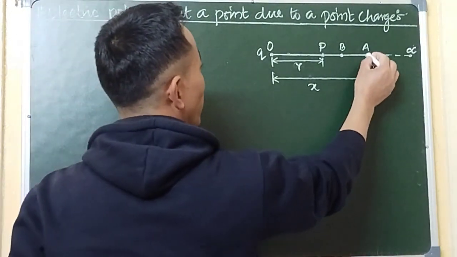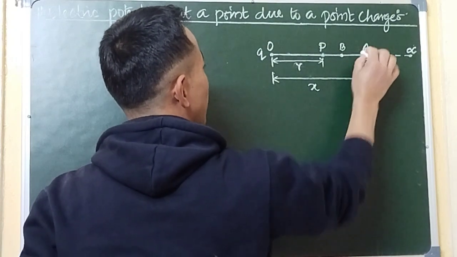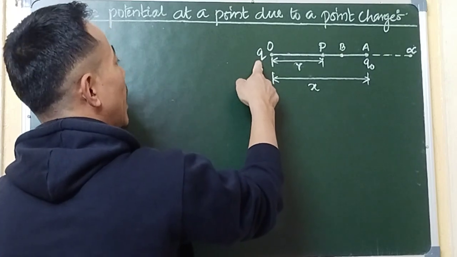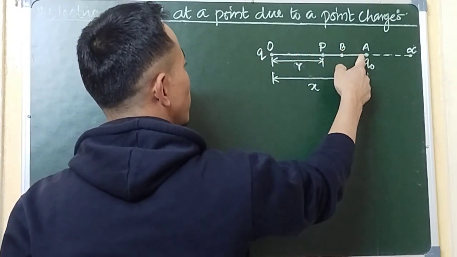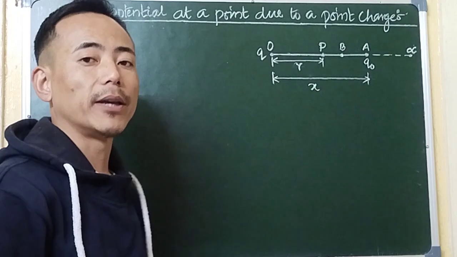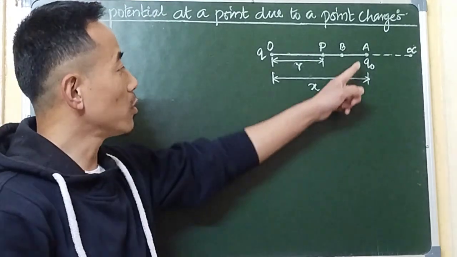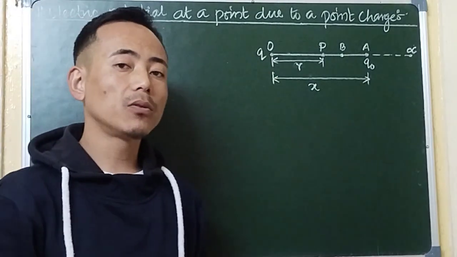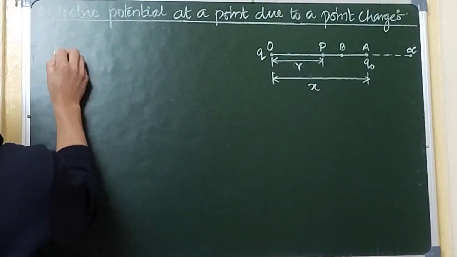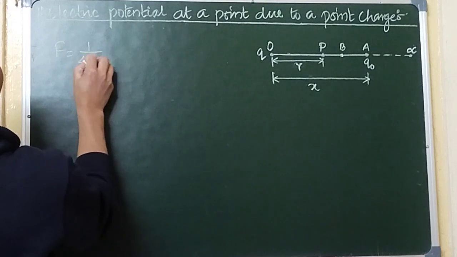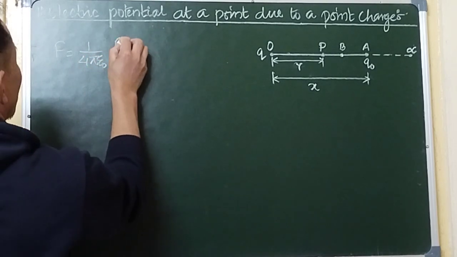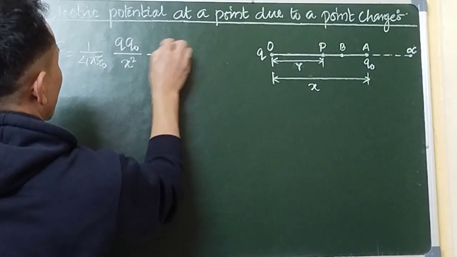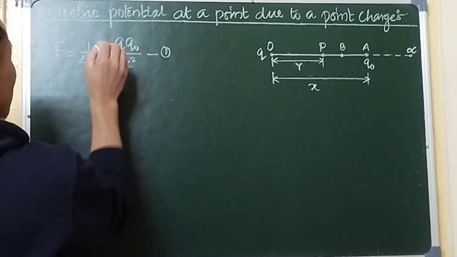Now initially, when our test charge Q0 is at point A, then because of this charge Q at O, there will be some force exerted on the charge Q0, which is given by Coulomb's law. So the force on charge Q0 at A due to the charge Q at O using Coulomb's law will be F equals 1 by 4 pi epsilon naught Q Q0 divided by x square. I hope you know the expression for Coulomb's force.